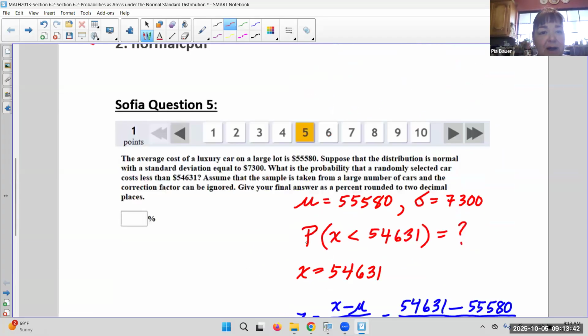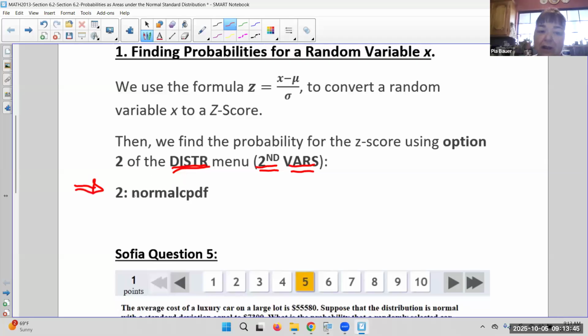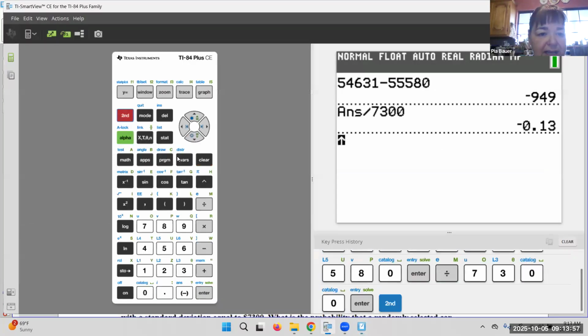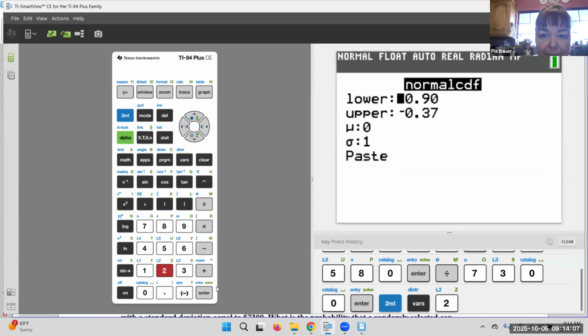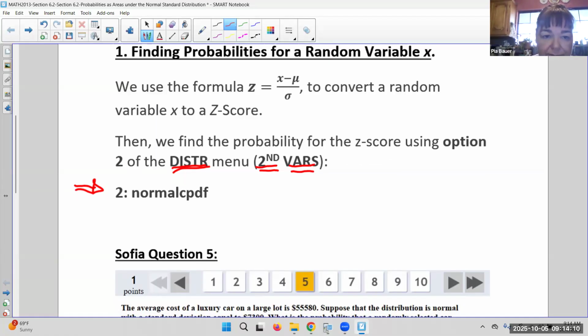So let's go to that option 2 of the calculator, which is the normal cumulative probability distribution. So I go second bars, and it's option 2. It does not have a P, but it's option 2.